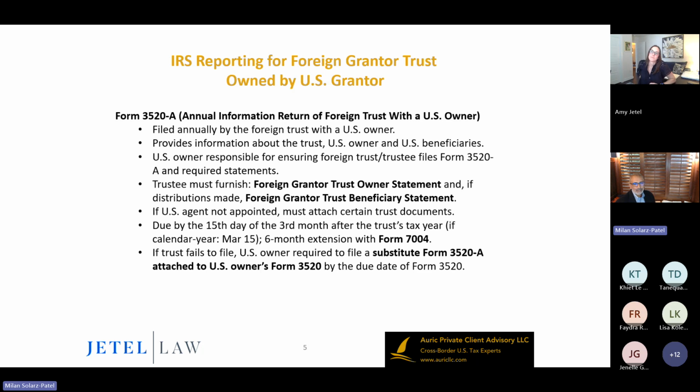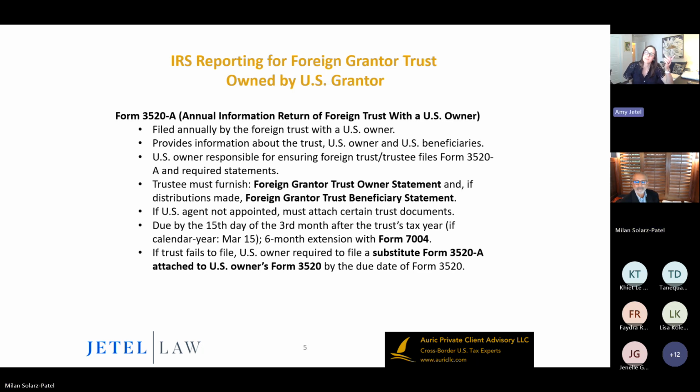Most trustees don't want to give that information to the IRS, for understandable reasons, and it's probably not necessary. So if you appoint an agent, you can avoid all that. What the agent really does is it's just someone who is a US person that agrees to provide the information to the IRS upon request, because the IRS has jurisdiction over US persons as opposed to non-US persons.